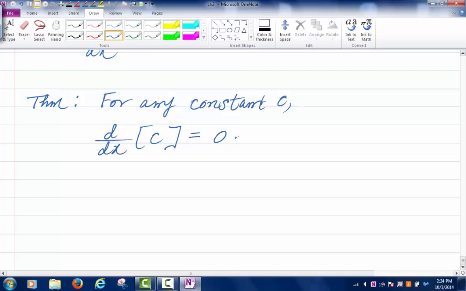Okay, the derivative of a constant function is always 0, and that should be obvious, right? If you think of the derivative as the slope, what's the graph of a constant function? The graph of a constant function is just a horizontal line, right?